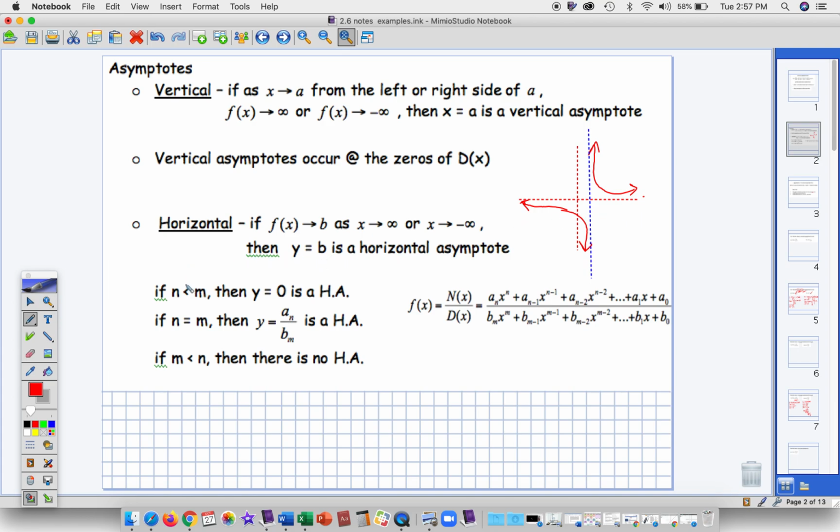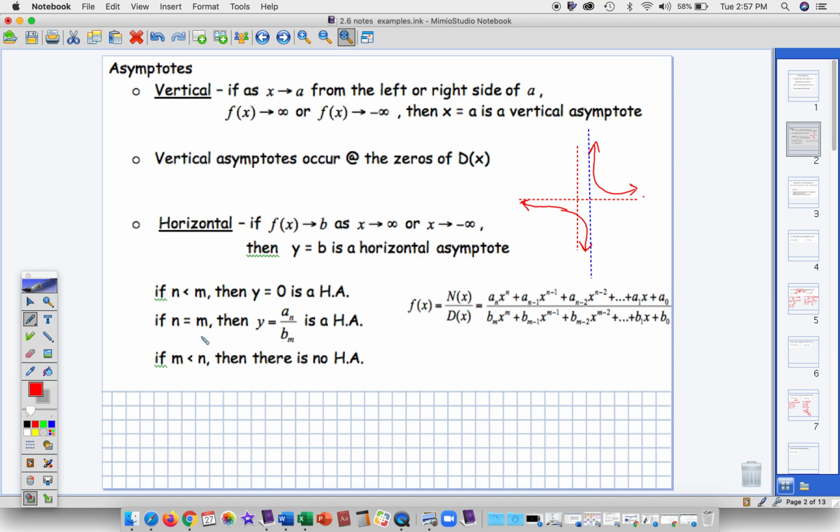Okay, so now there are different rules for the horizontal asymptotes. What we're going to do is compare n and m, which are the degrees of the two polynomials. N is the degree of the numerator. M is the degree of the denominator. If n is less than m, then y equal to 0, or the x-axis, is the horizontal asymptote.